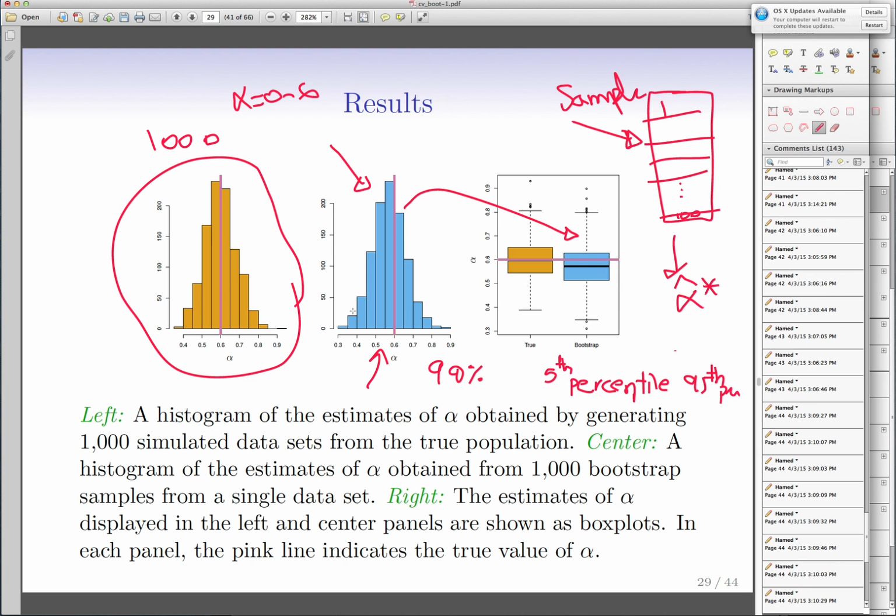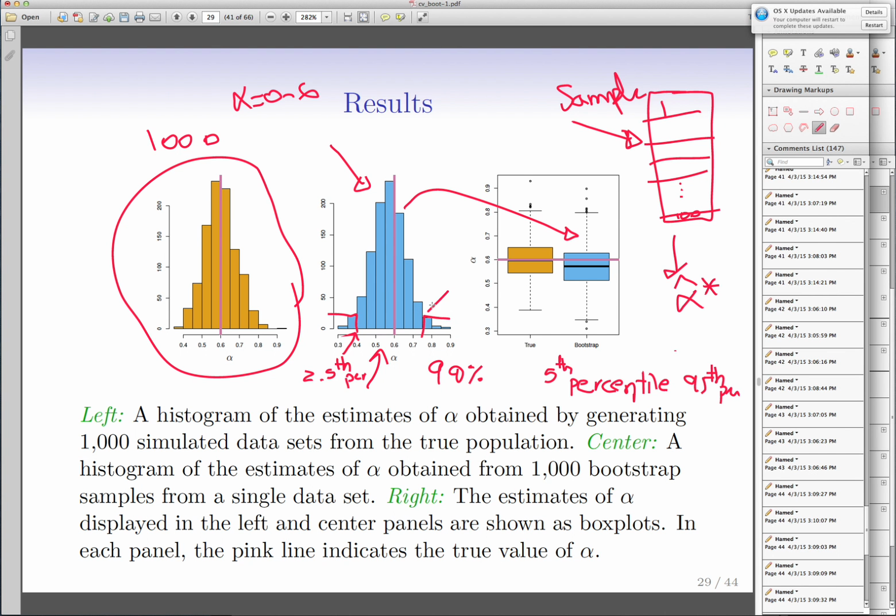It's easy to say, okay, by here, 25 observations have been observed, and 25 out of 1,000 is 2.5%. So the 2.5 percentile is 0.4.